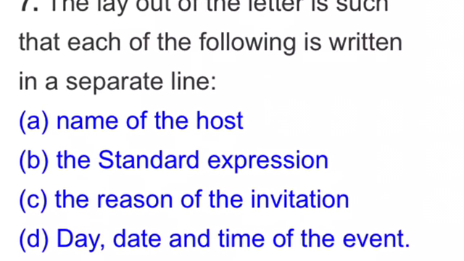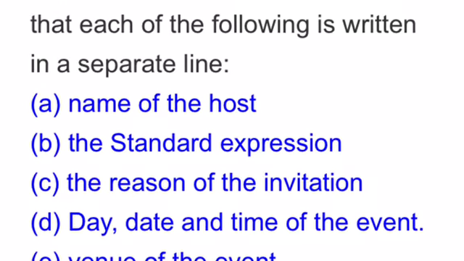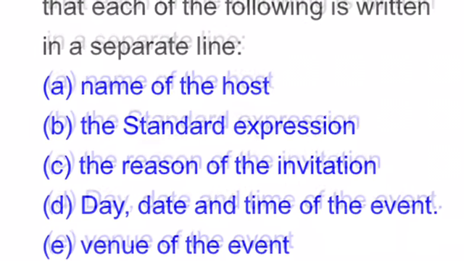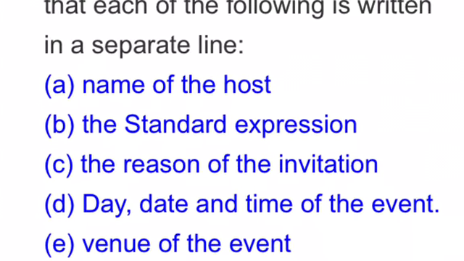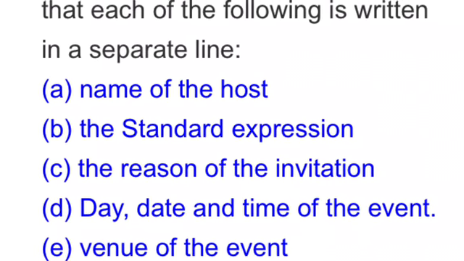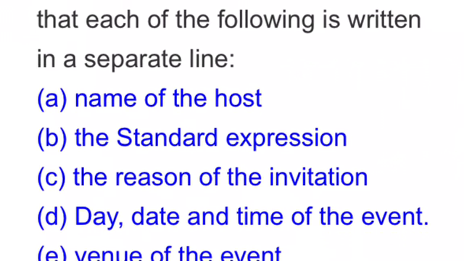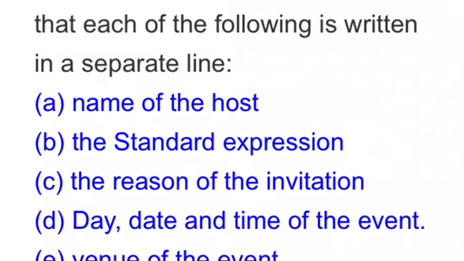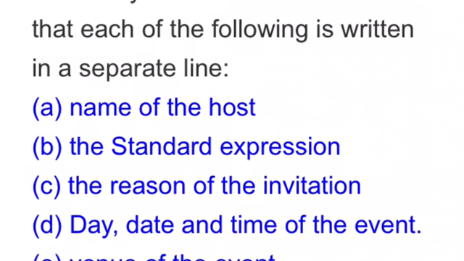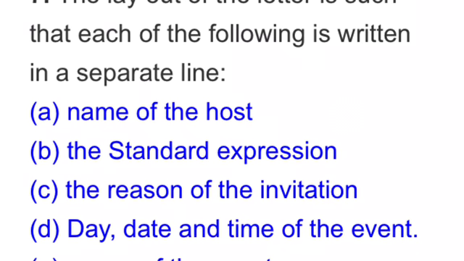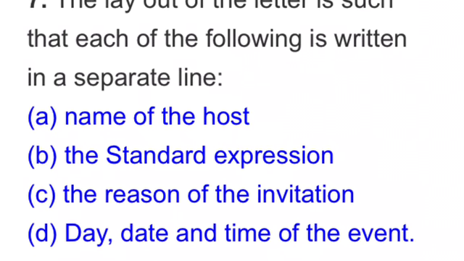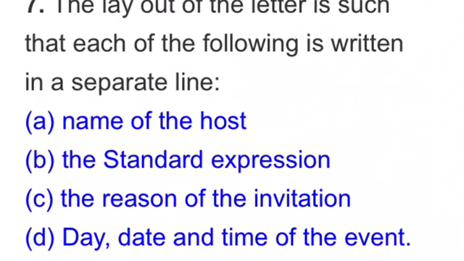And then you must mention the reason for the invitation. That is, whether it is a wedding or a birthday party or an inauguration or any other event. And also mention the name of the person who is being honored, whether it is a birthday boy or girl, or the names of the bridegroom and bride if it is a wedding.